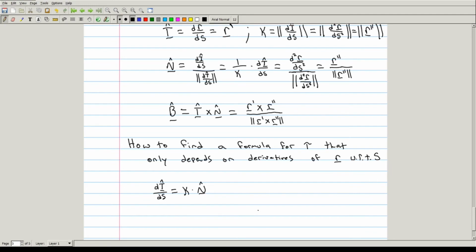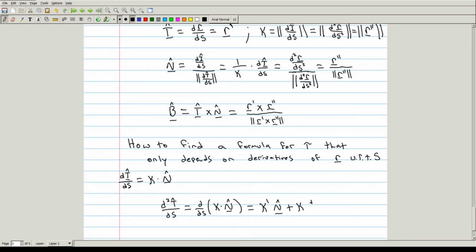So if we take the second derivative of this expression, or the S derivative of this expression right here, which is the second derivative of the unit tangent vector with respect to arc length, that means that it is going to be the derivative of kappa times n hat, which will end up being the derivative of kappa times n hat plus kappa times the derivative of the unit normal vector with respect to arc length.